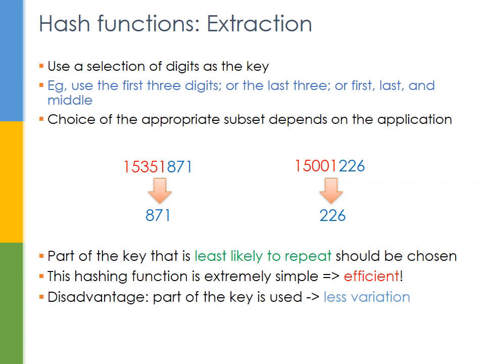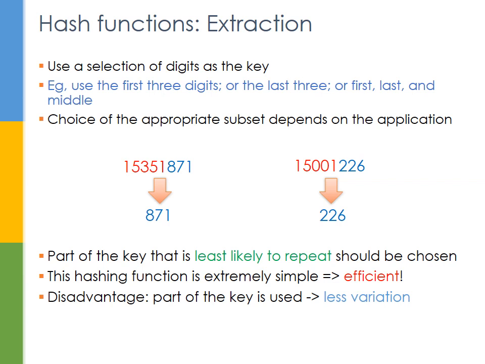However, in this case, we are not using the entire unique value, right? We're just saying, well, we use the last 3 or the last 4, or the last 5 digits, depending on how many students I expect to have in this particular class or this particular university. And it's all good and well, but because I'm only using a part of the key, I'm definitely decreasing the overall variation.